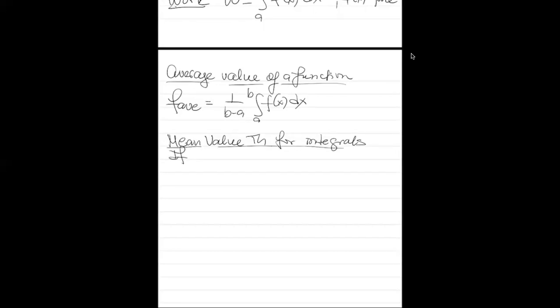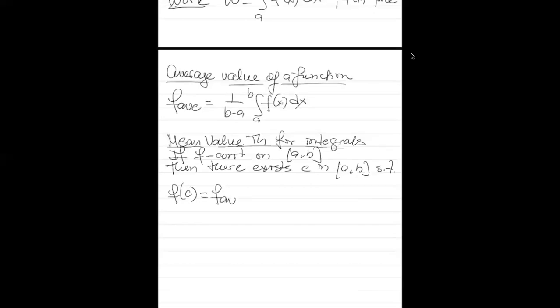If f is continuous on some interval from a to b, then there exists some number c in the interval from a to b such that f of c, the value of f at that point c, is the same as the average value of the function.